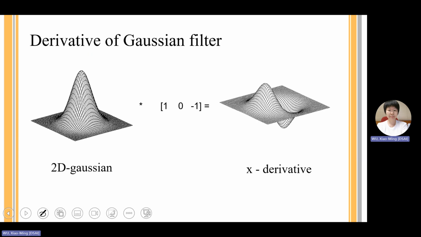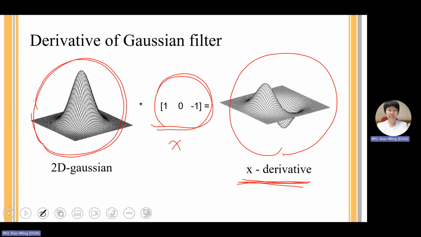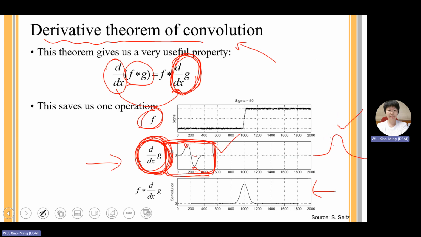For two-dimensional Gaussian, this is the two-dimensional Gaussian, and this is the x derivative of Gaussian, obtained by convolving the x derivative filter with the Gaussian filter. You can find two extremes in the results. This is 2D and this is 1D.